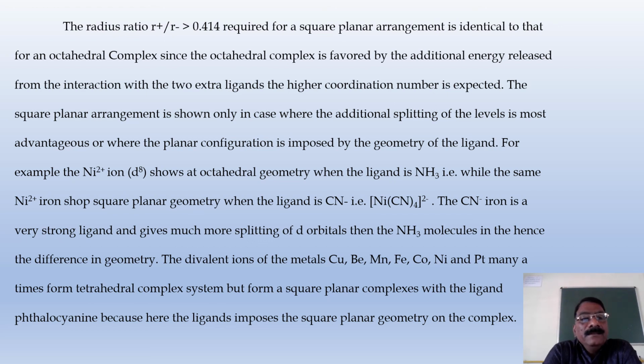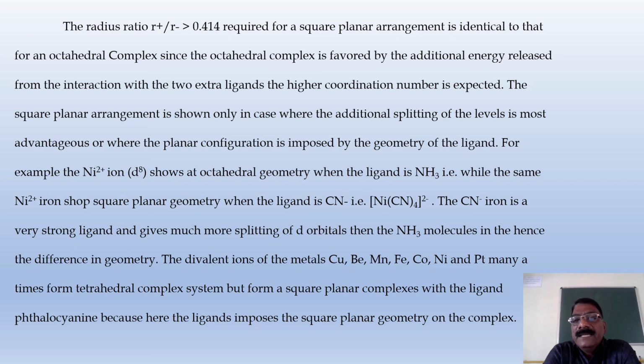For example, the Ni2+ ion, a d8 system, shows octahedral geometry when the ligand is NH3, while the same Ni2+ ion shows square planar geometry when the ligand is cyanide, CN-. So the example is [Ni(CN)4]2-.